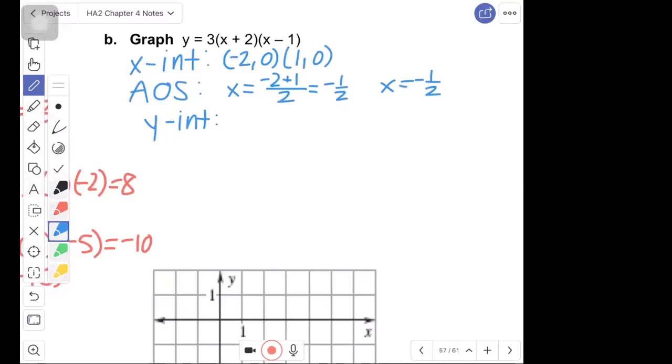Our y-intercept, we're plugging in 0 for x. Brooke, what did you end up getting as your y-intercept?